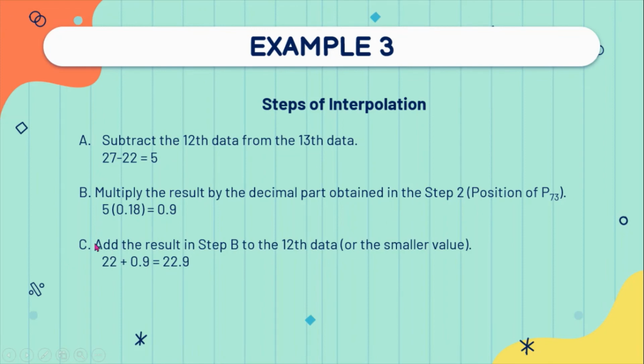And next, we are going to add the result in step B, this 0.9, to the 12th data, or the smaller value. That is 22, so 22 plus 0.9 is equal to 22.9. Therefore, our P sub 73 is equal to 22.9.